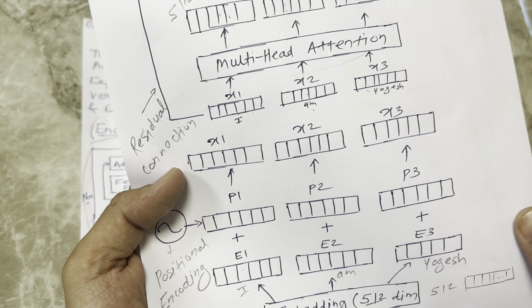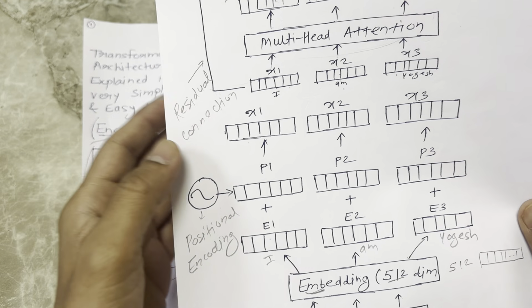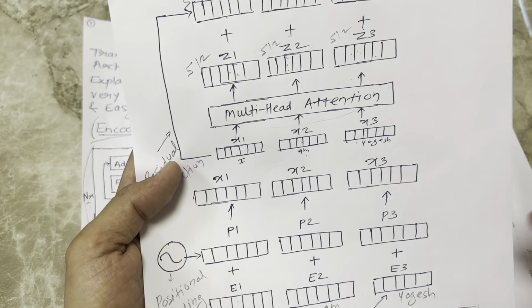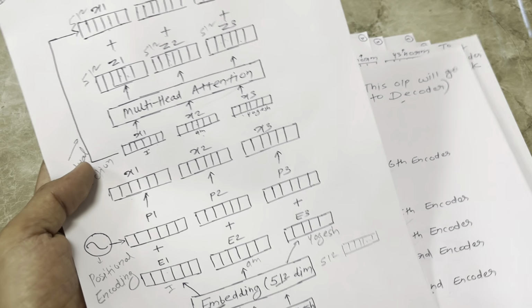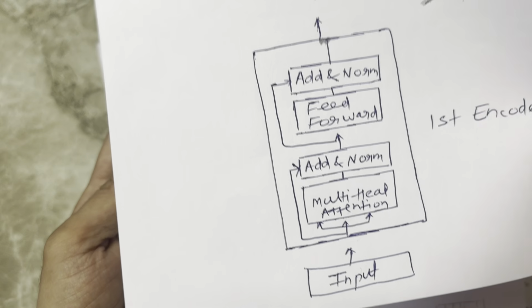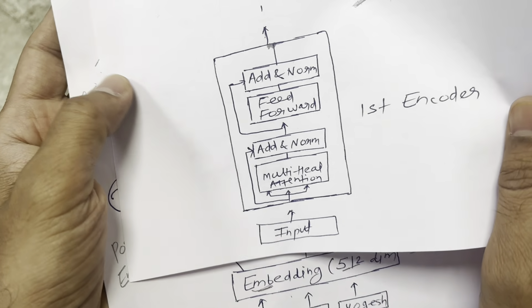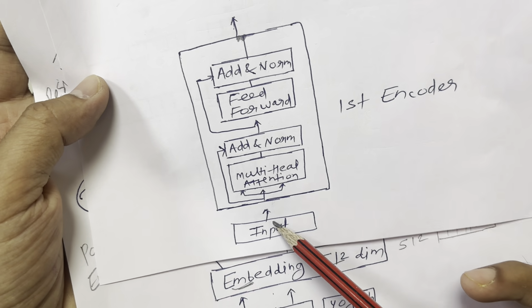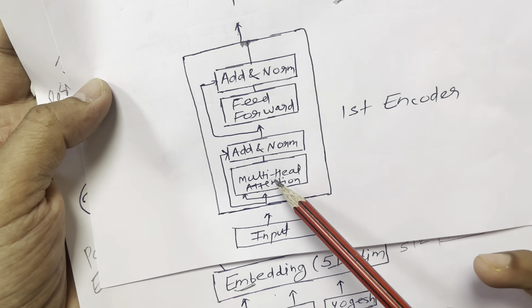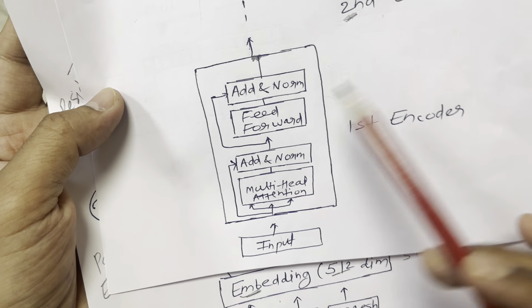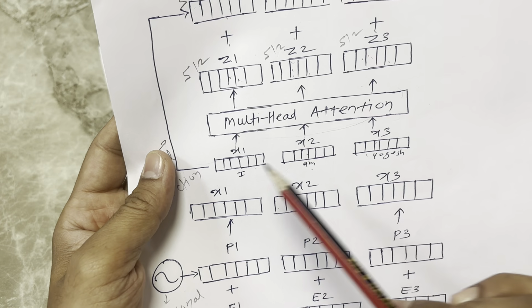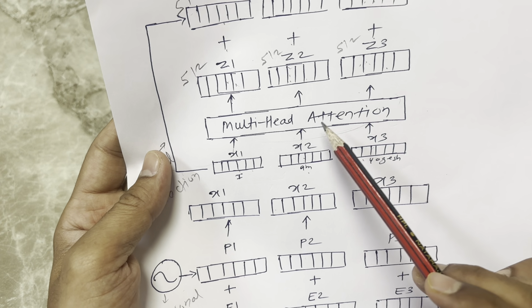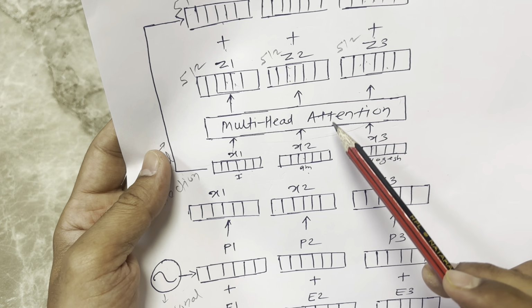In the first encoder block, what we did, we applied multi-head attention, right? As I've told you, 6 encoders are there. So in the first encoder block, you can see that as soon as the input enters the first encoder block, it comes across the multi-head attention. That means X1, X2, X3 will go through multi-head attention, that is multiple self attentions.